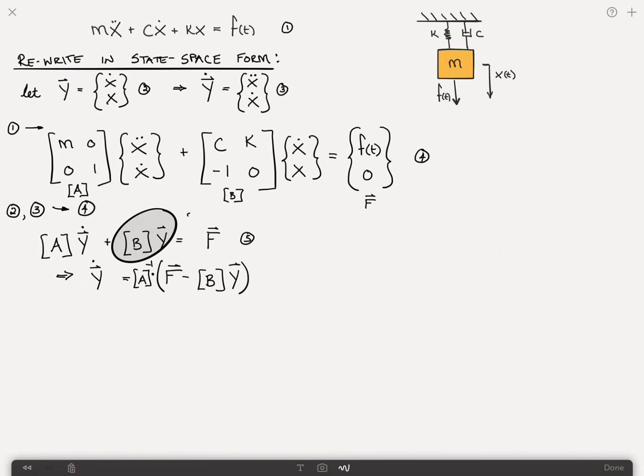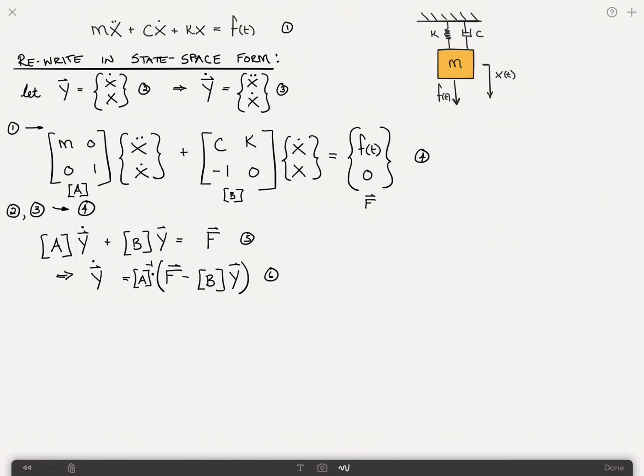I moved the B y to the other side, which is why I've subtracted it, and then I pre-multiplied by A inverse. Why did I not divide? Well, because we're dealing with matrices here. You don't really divide by a matrix. What we do is we multiply by its inverse. And in this case, we're pre-multiplying because in matrix multiplication, we know that order is important. All right. So equation 6 represents a first-order differential equation in y.